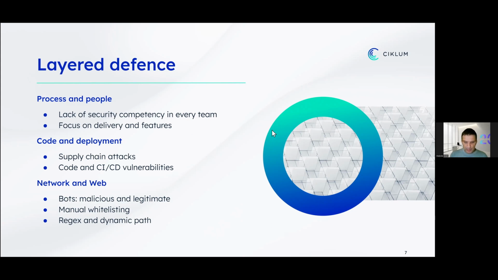No one knows why this bot behavior or this token or this path is whitelisted, etc. So we have lots of manual processes here, unfortunately, and we need measures to automate this or somehow unify this part of the configuration.